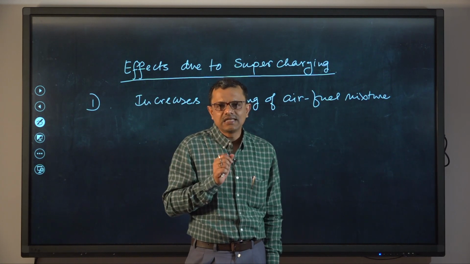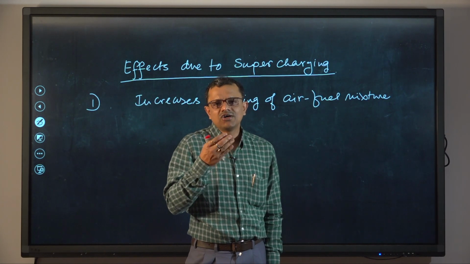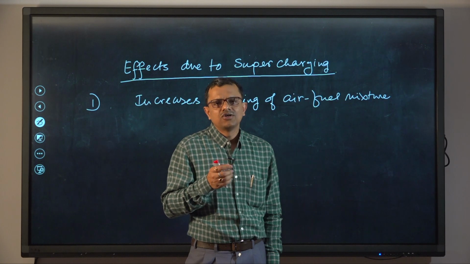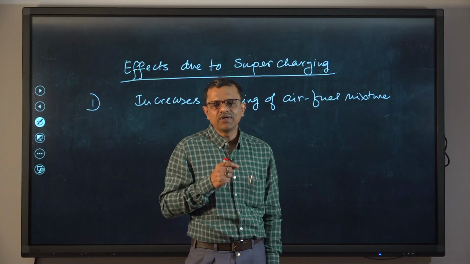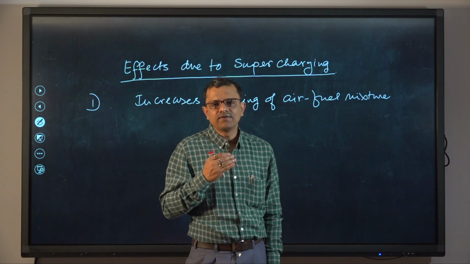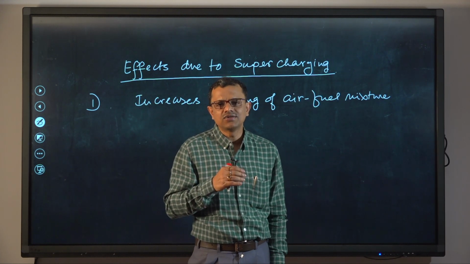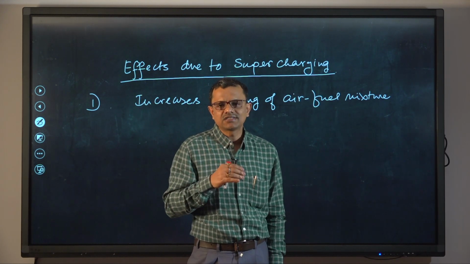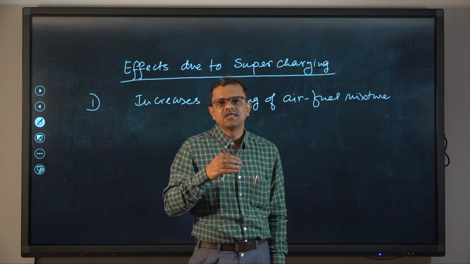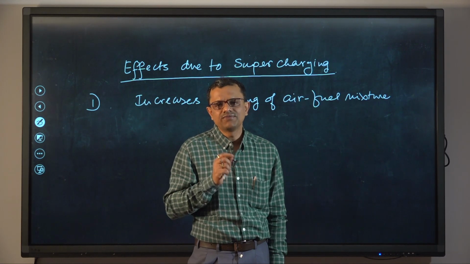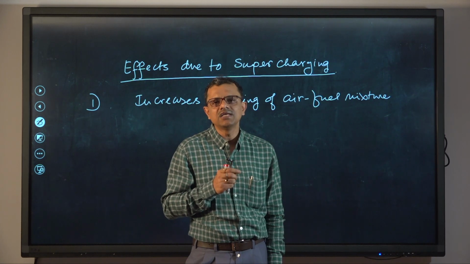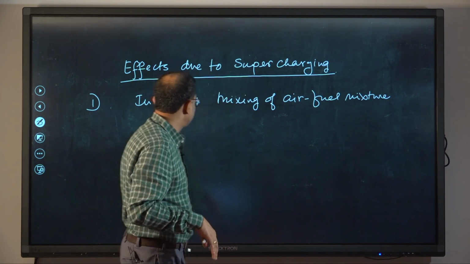If pressure increases, certainly the velocity of intake air will increase, though the intake diameter remains the same. That higher velocity will create a turbulent flow environment, which in turn will ensure chaotic mixing of the air fuel mixture. Rather, it will promote the mixing quality of these two streams, that is the air stream and the injected fuel. So, that is the favorable aspect.